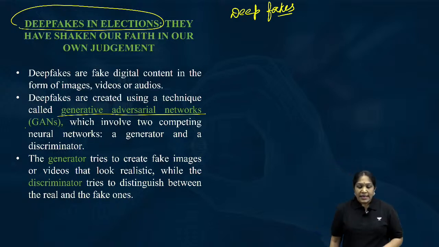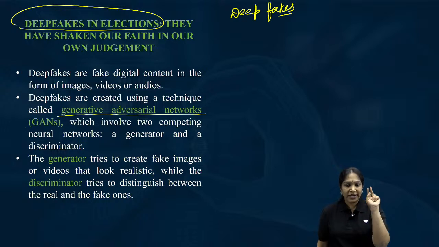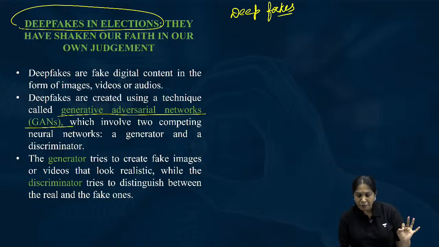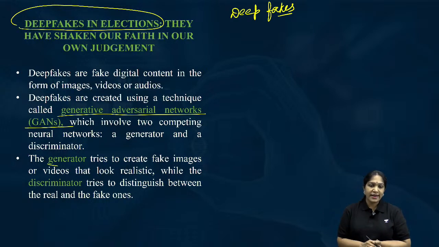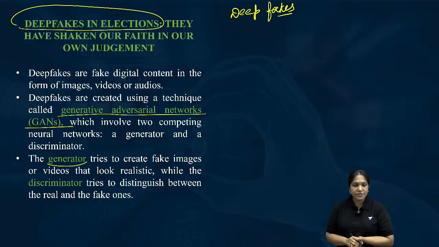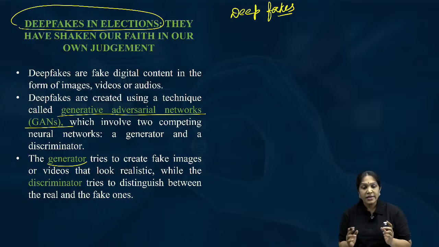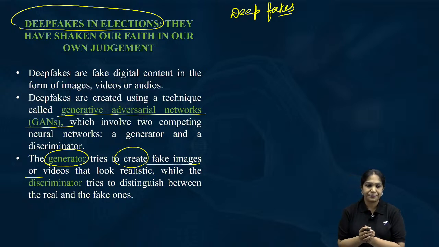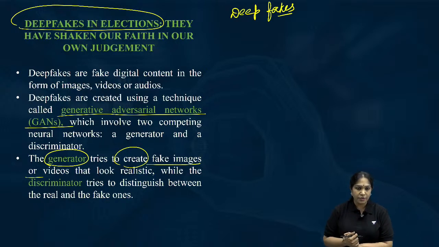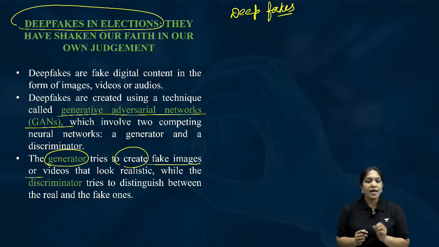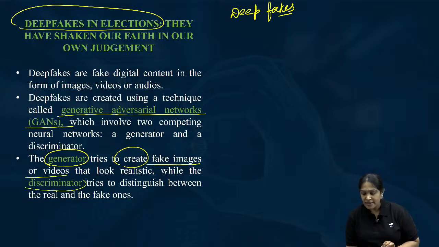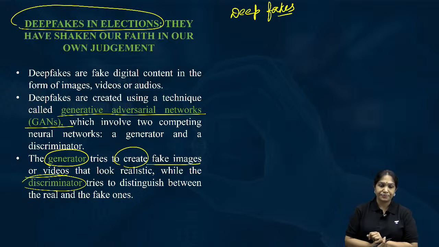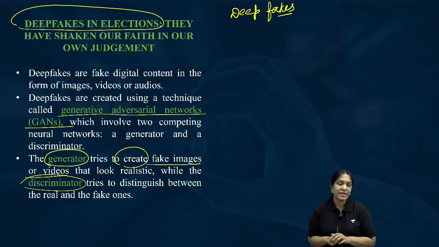Then it will have two components. The first component is called the generator. What it will do? It will generate or create fake images or videos which will almost look realistic. Then there is another component that is called the discriminator.